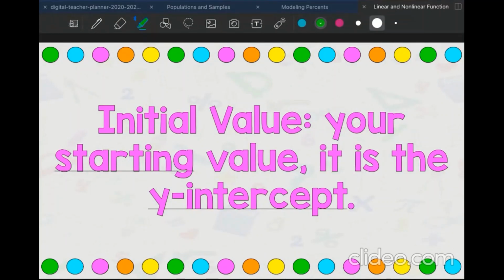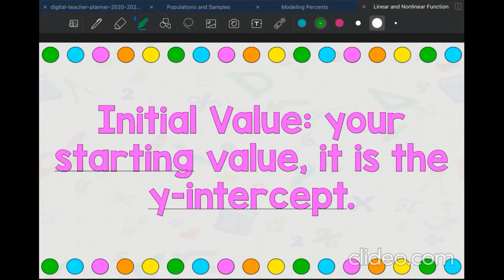All right. So your initial value, that's your starting point. It is your y-intercept. We know a lot about the y-intercept, don't we? We talked about that in our slope-intercept formula, y equals mx plus b. What is my y-intercept? B. Good.